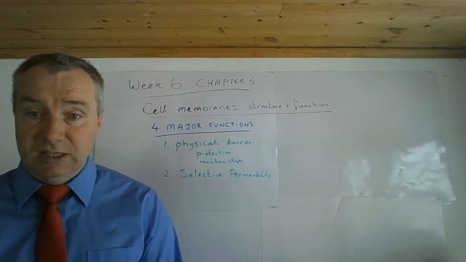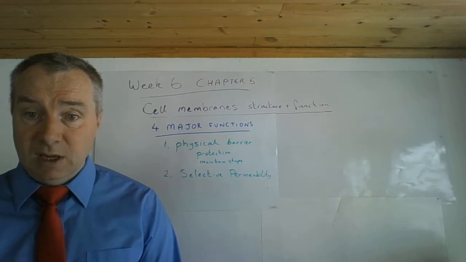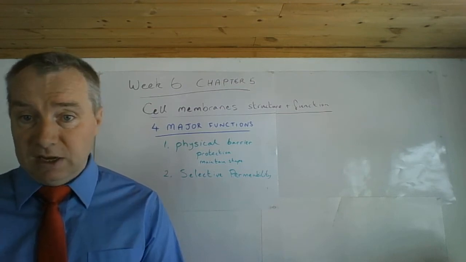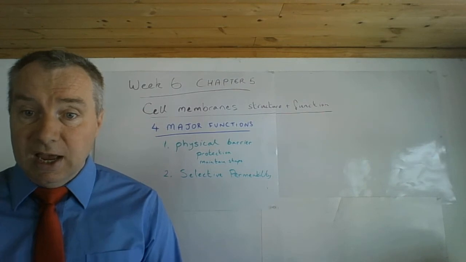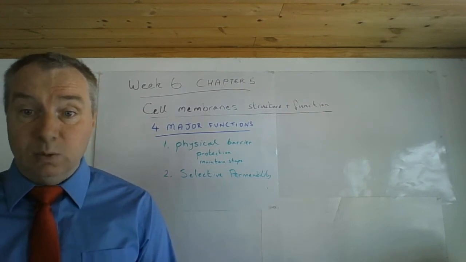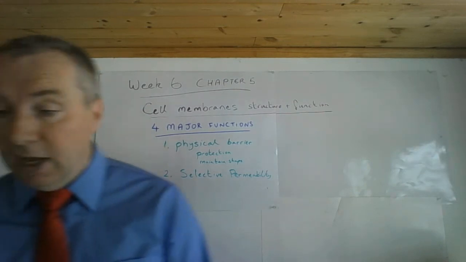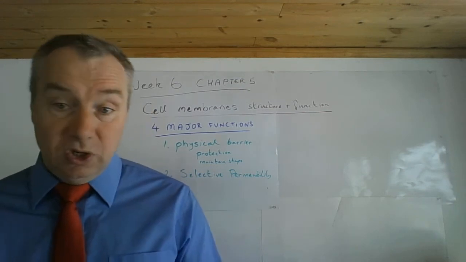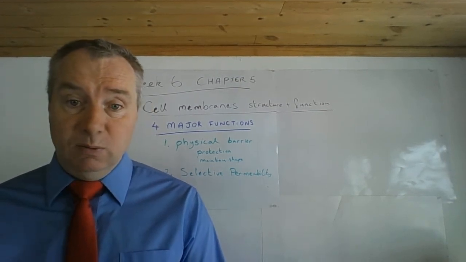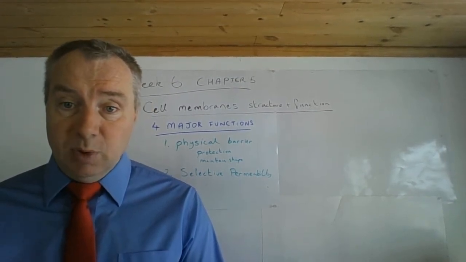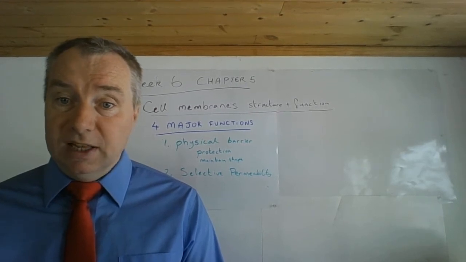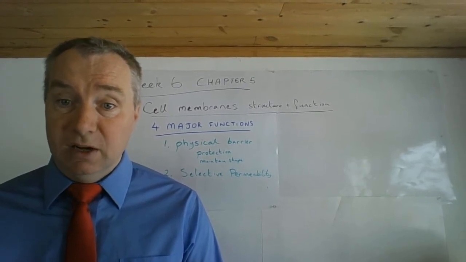One of those things that is able to move in and out of the cell selectively are some of the ions and water. So there are certain channel proteins, and we'll talk about those later. But one of their important functions is to let the ions sodium and potassium in and out of the cell as needed.